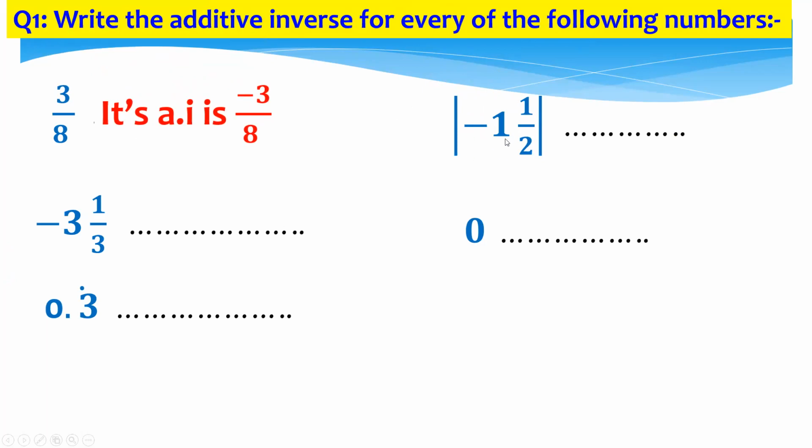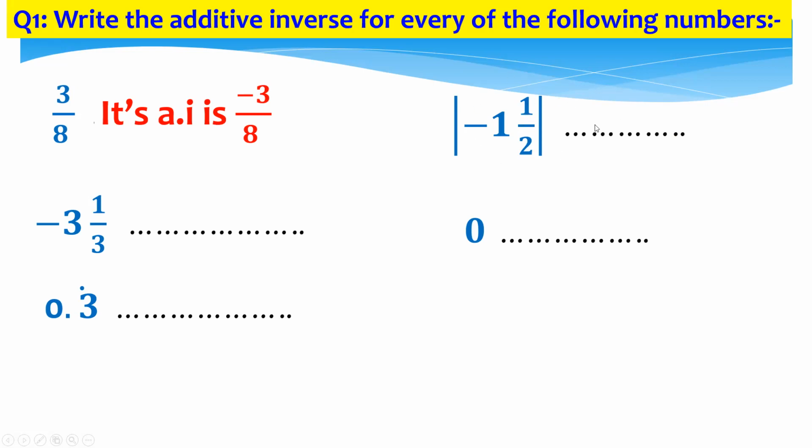The absolute value of negative 1.5. The absolute value means the answer would be positive. And convert the mixed number to an improper fraction. 1 multiplied by 2 will be 2, 2 plus 1 will be 3. I took this before in the first lesson.